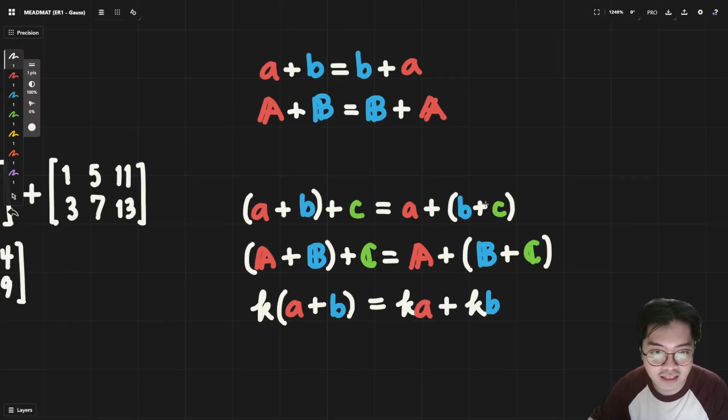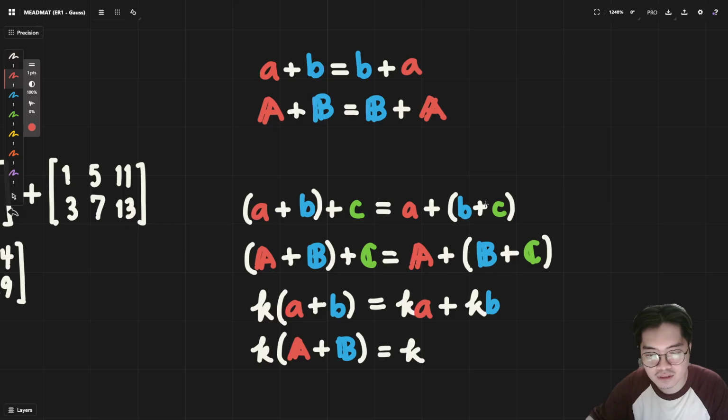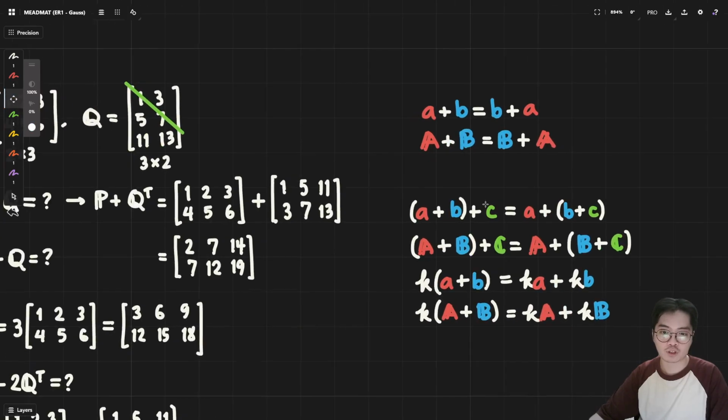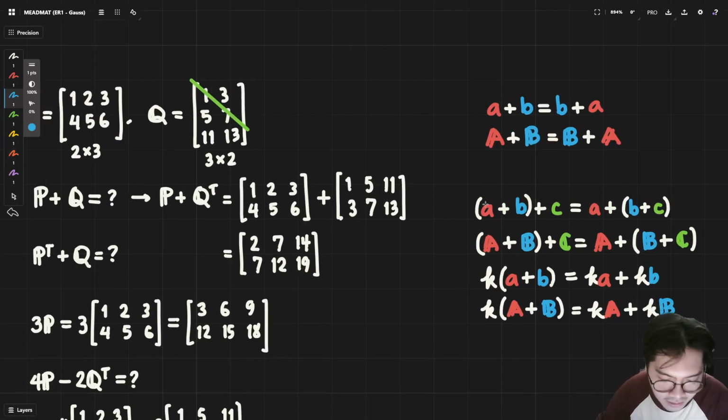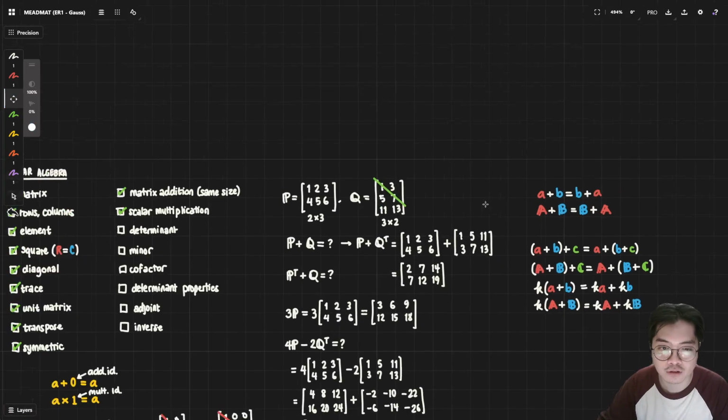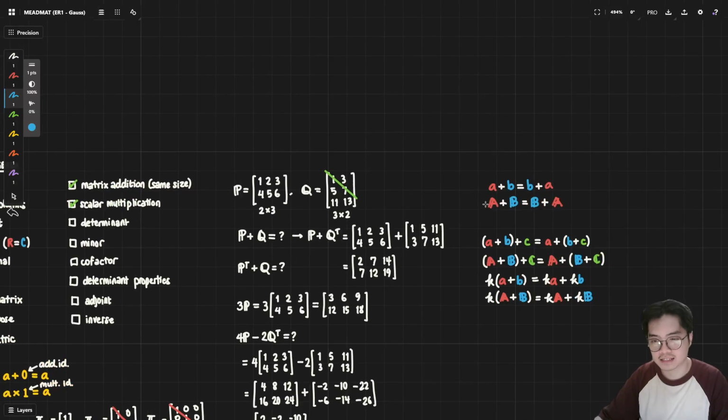I'm here to say that that also still applies for matrices. For matrices, k times (a plus b) is equal to k times a plus k times b. Okay, so those rules still apply.